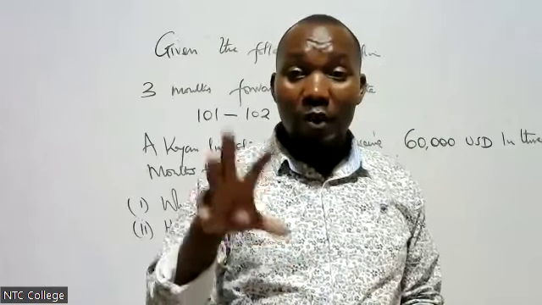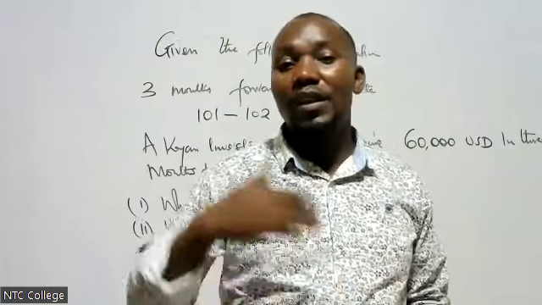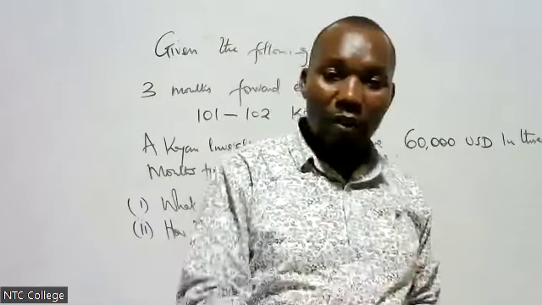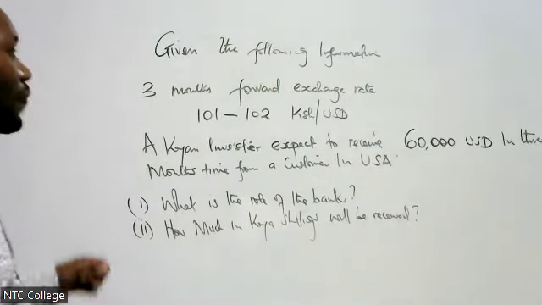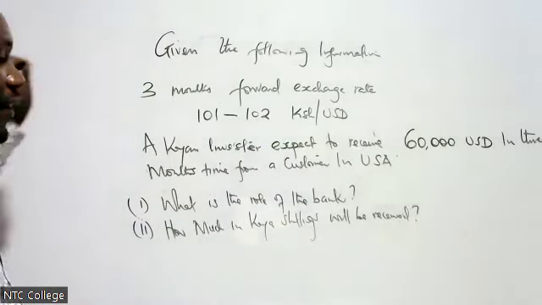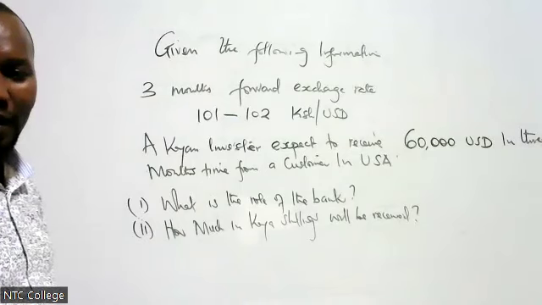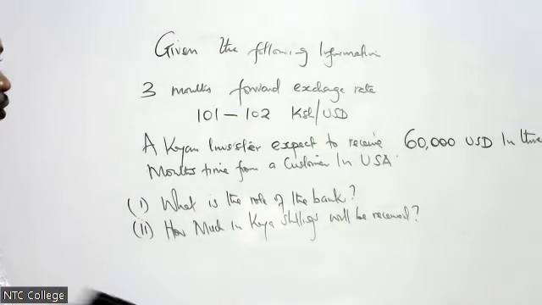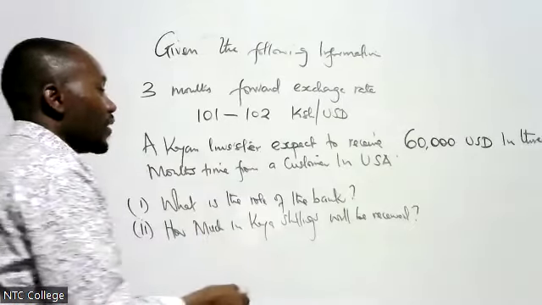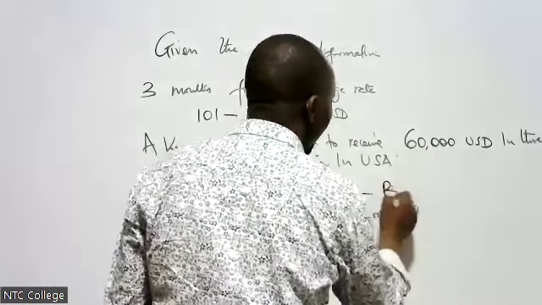So let's look at the role of the bank. Forget about yourself first, because if the bank buys, you sell. If the bank sells, you buy. So for every receipt, the bank buys. For every payment, the bank sells. That is the role of the bank.